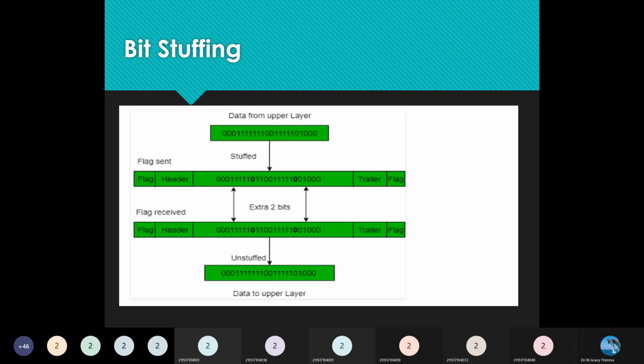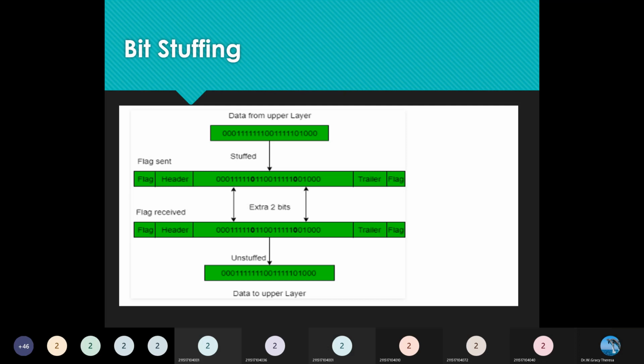For example, if the end frame delimiter is a 0 followed by six 1s and ended with another 0, then what do we do in bit stuffing? If there are six 1s, we are going to stuff only one bit.